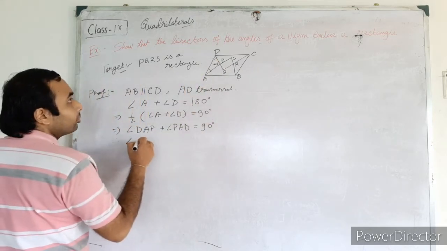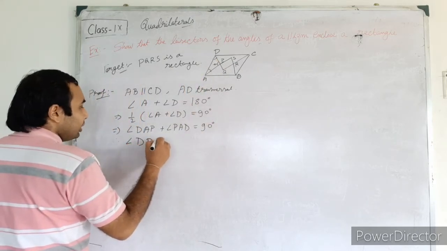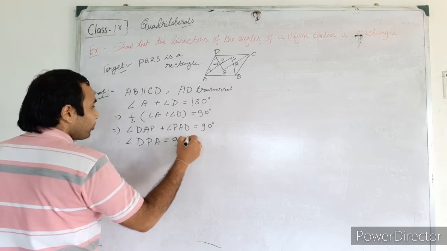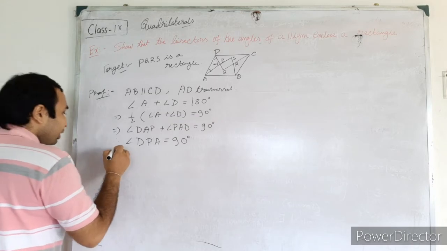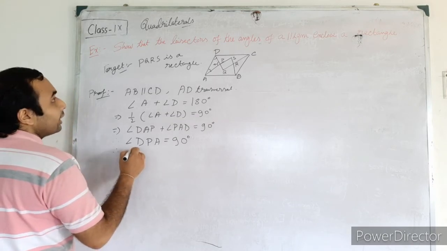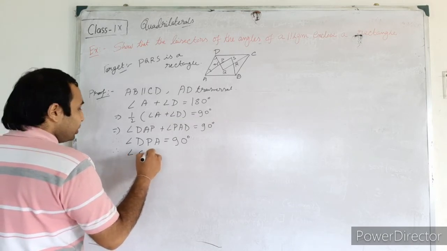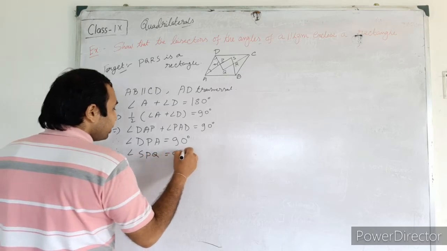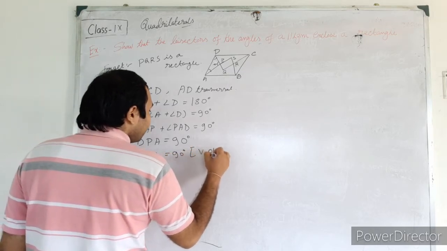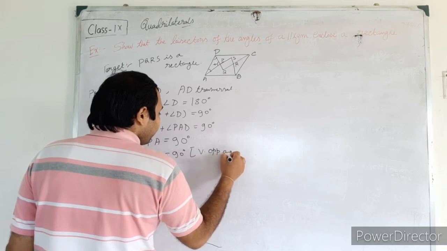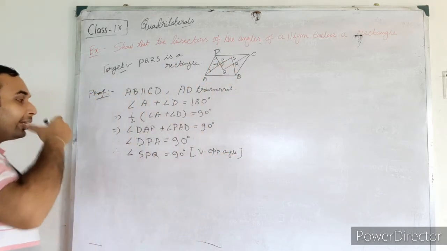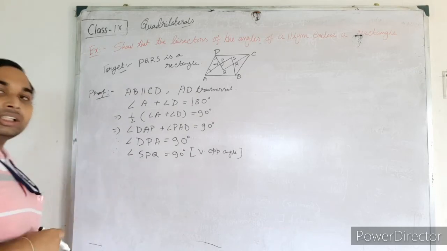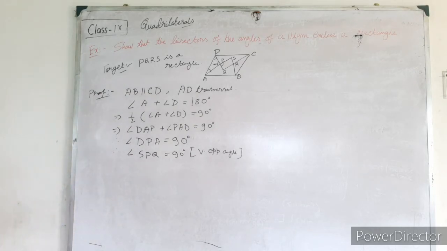From here we can conclude angle DPA is equal to 90 degrees. Again from here we can say angle SPQ is also 90 degrees, because it is the vertically opposite angle of this one.